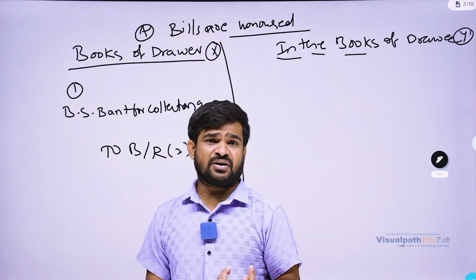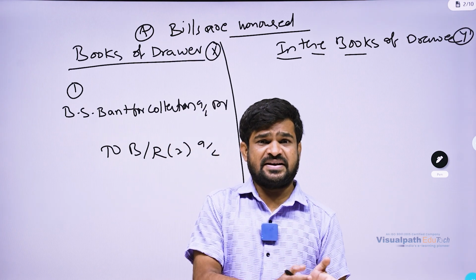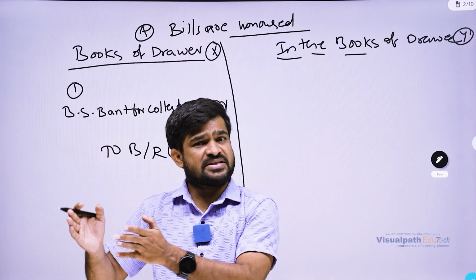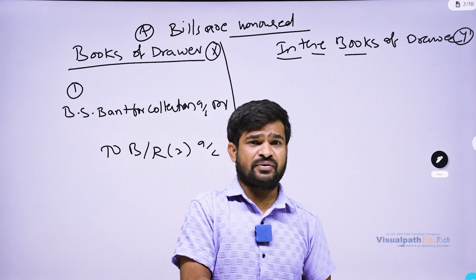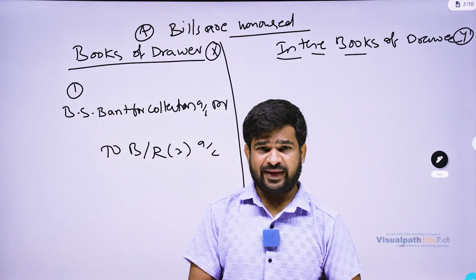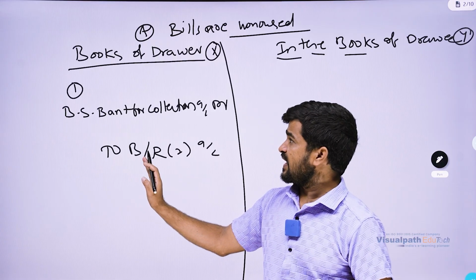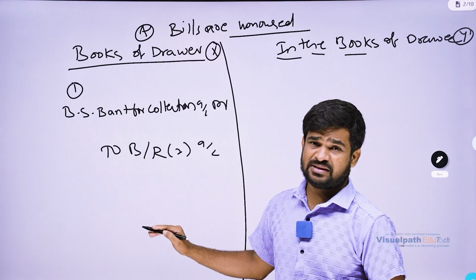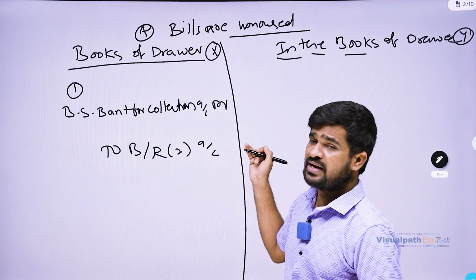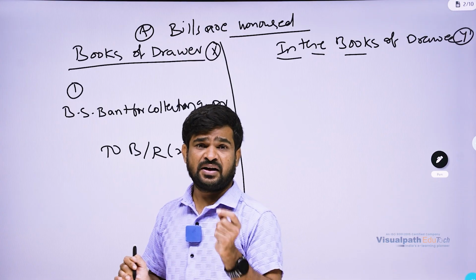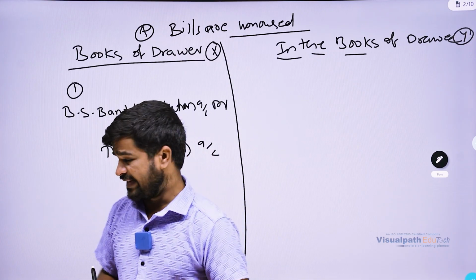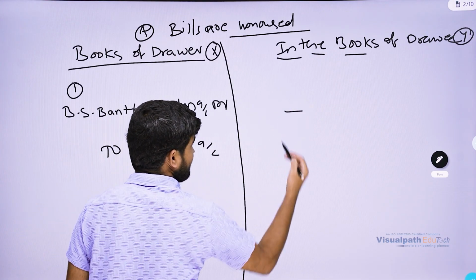If the bill is endorsed, that entry is separate: endorsee account debit to bills receivable account. If the bill is discounted, that entry will be different. Like that, for the different utilizations of the bill there are different entries in the books of the drawer, but there is no entry for utilization of the bill in the books of the drawee. So here we will not write any entry.